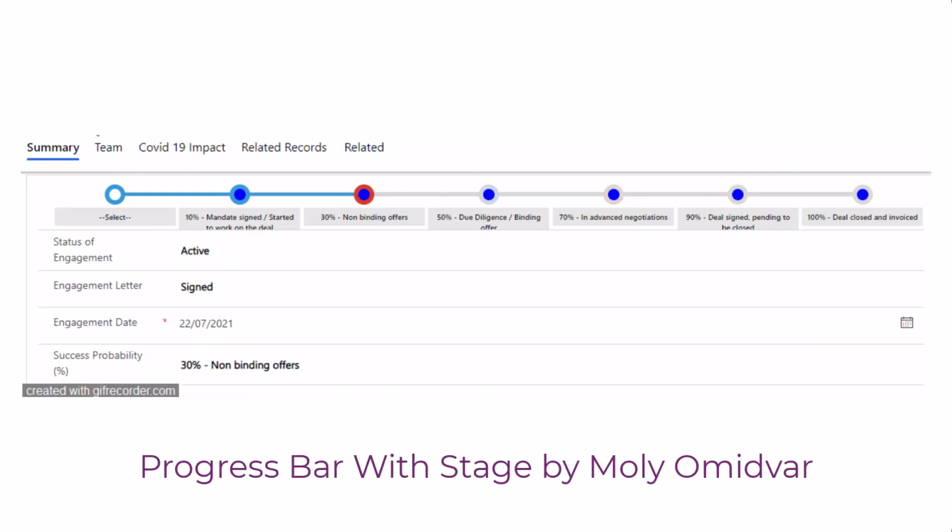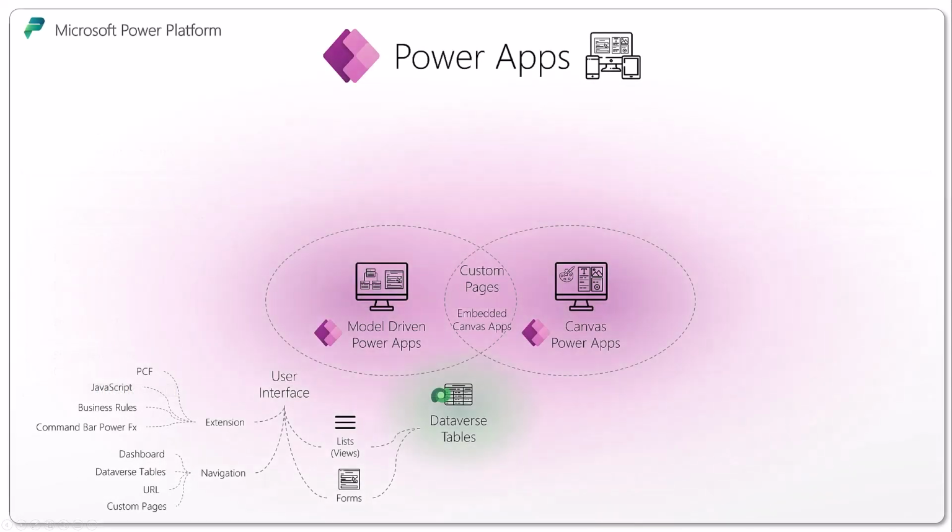There's all sorts of things you can do with PCF. But a word of caution: as soon as you go down the pro code route, you are increasing your maintenance costs, because you then need to look after that and make sure it still works after all the upgrades.